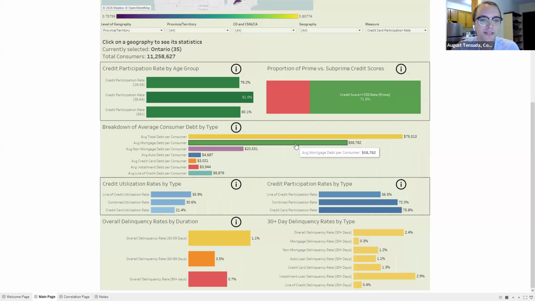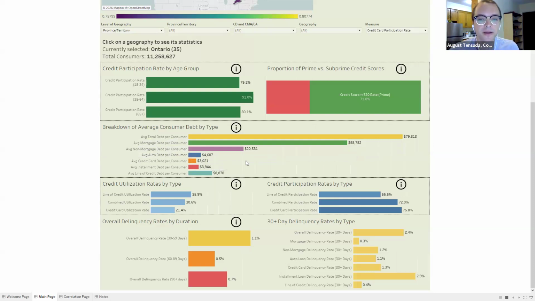So the average mortgage debt per mortgage is going to be much higher than this, because any loan is not going to be $0. This is looking at the debt per consumer, not the debt per trade. If you want the debt per trade, you can calculate that from the data set.